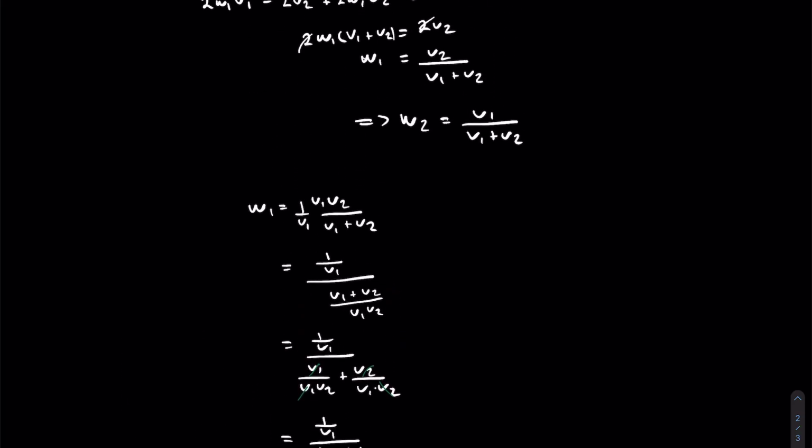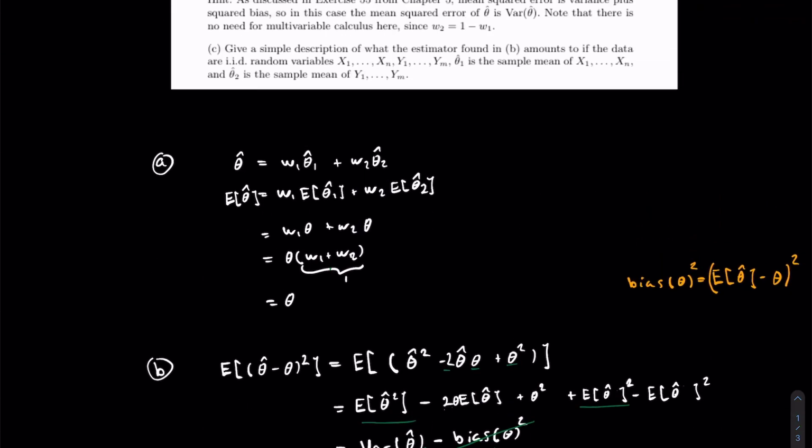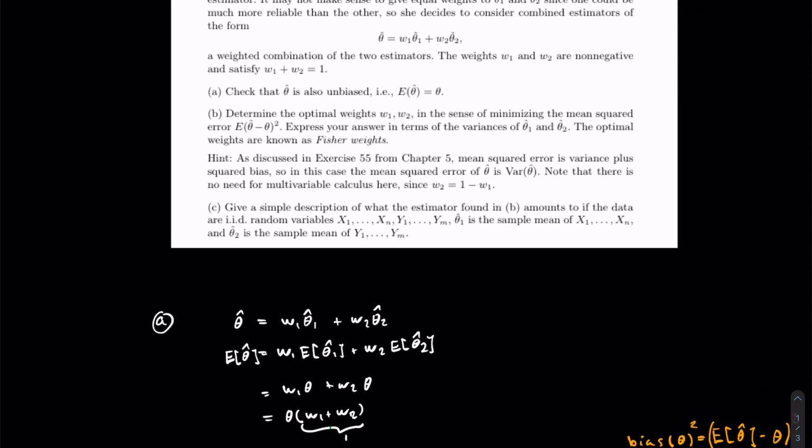So actually I'm going to just go up here. So we have x1 to xn is the sample. So this estimator here is the sample mean of that one.